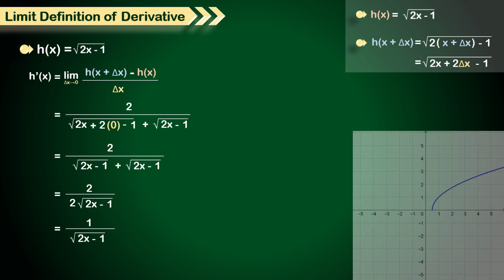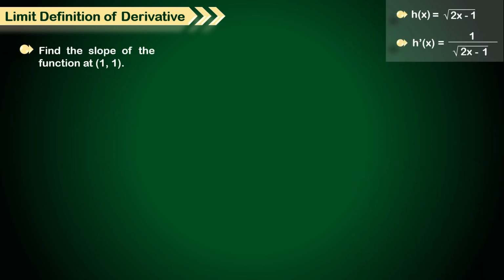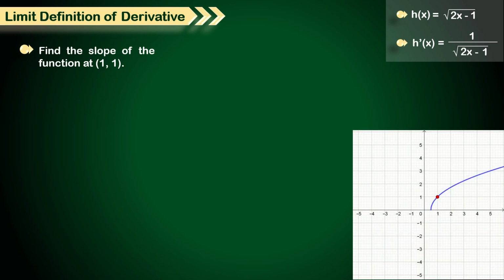This derivative represents the slope at every point on the function. Find the slope of the function at (1, 1). On the graph of the function, this is the point where we want to find the slope. To find the slope, substitute the x coordinate into the derivative.